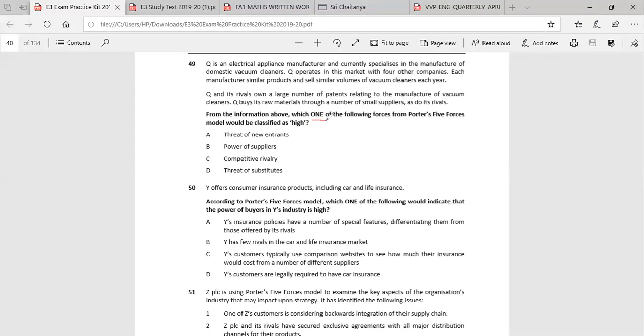Which one do you think is the right one? Threat of substitute. Others, please respond. Please respond.